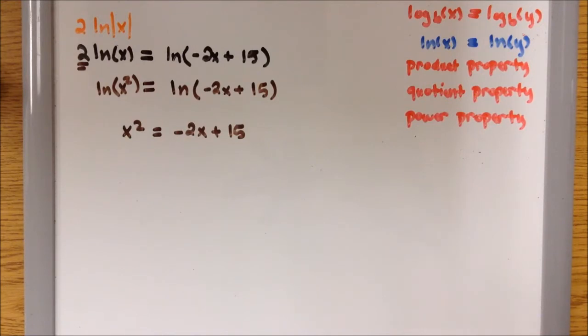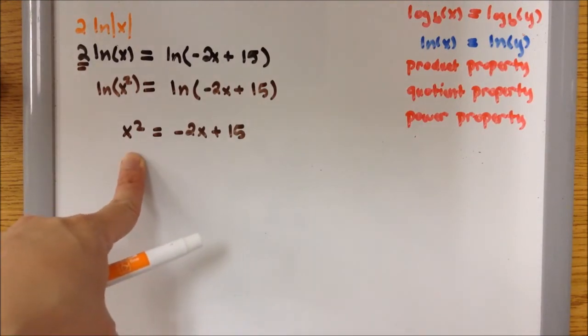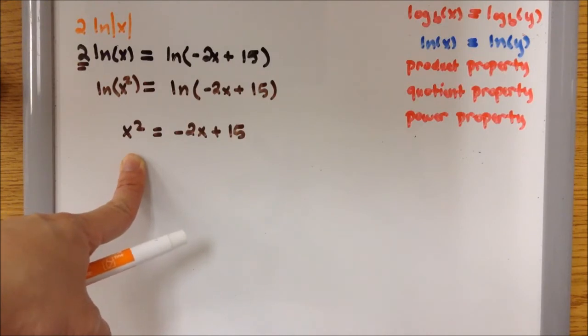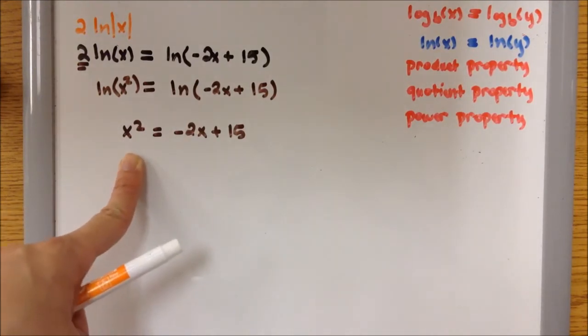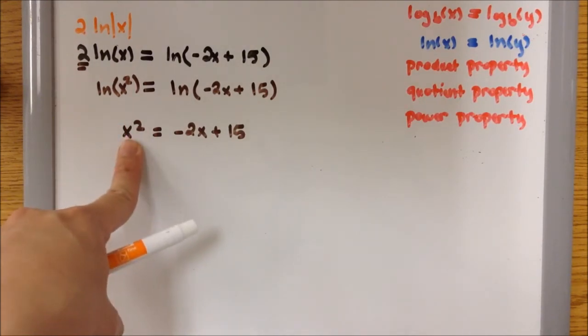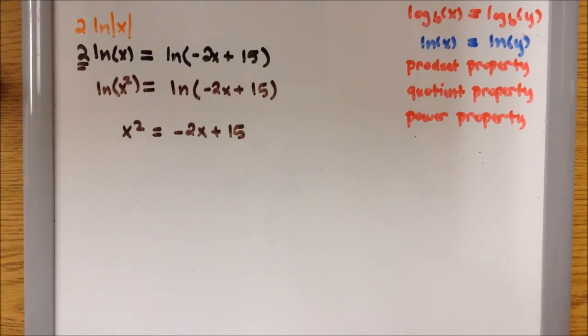Before we can factor the quadratic equation, we need to make sure everything is on the same side. First we check that my x squared is positive, so it's good, and it's on the left side, so everything has to go to the left side because my x squared is positive and it's already on the left side.